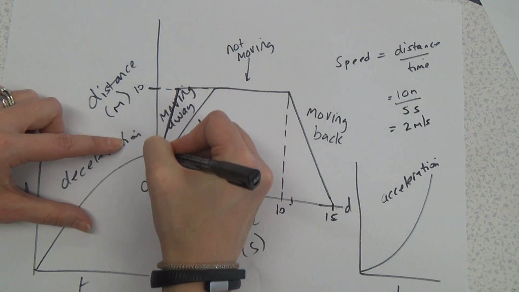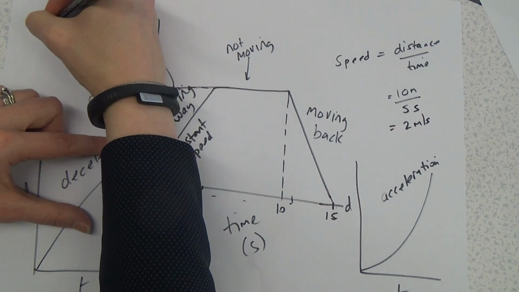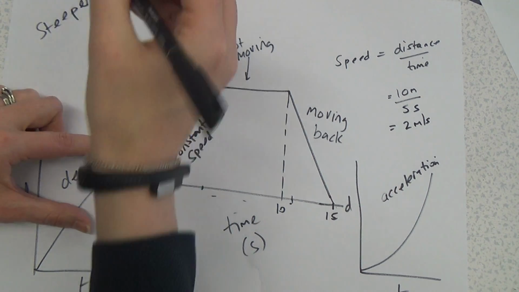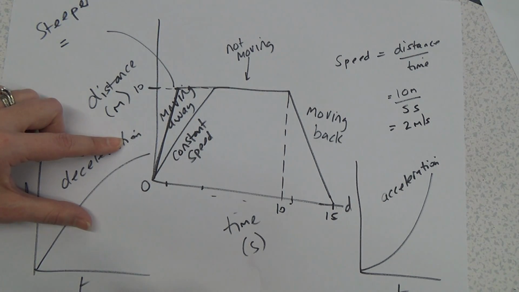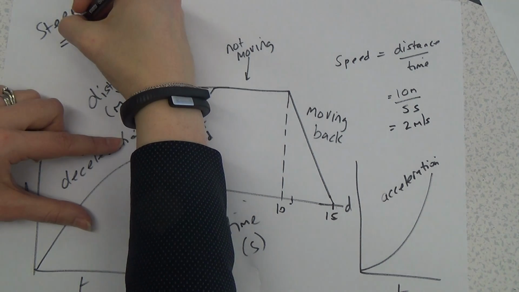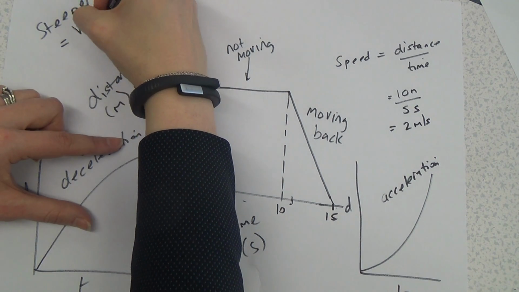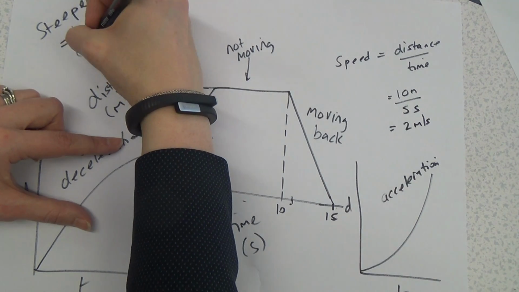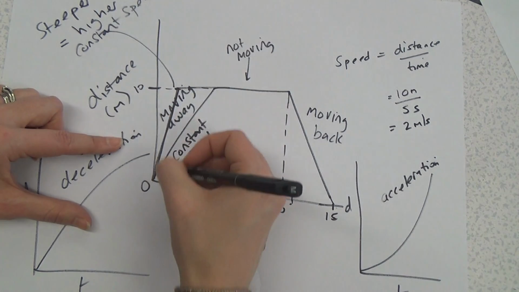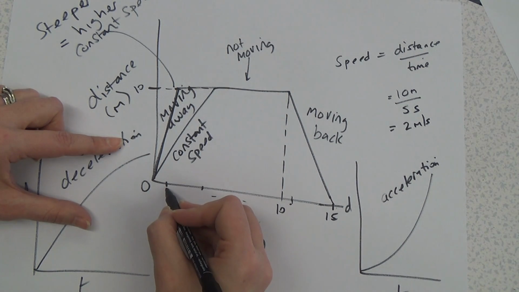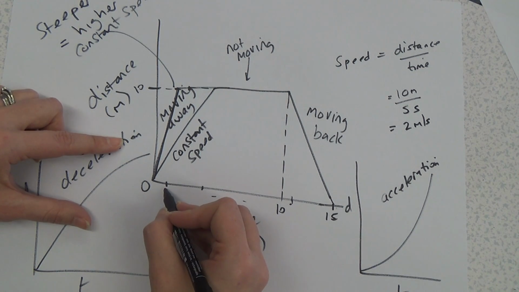So when you have a line that is steeper on a distance time graph, you're basically talking about the fact that the speed is a higher constant speed. And that kind of makes sense. You're covering the same distance but in a shorter period of time, so the speed must be more.